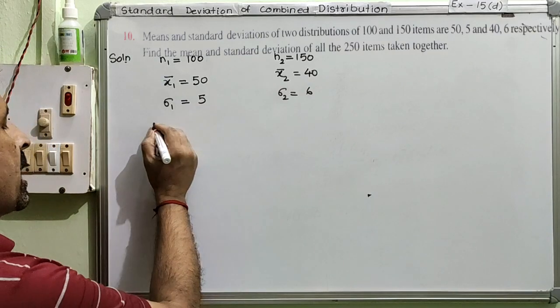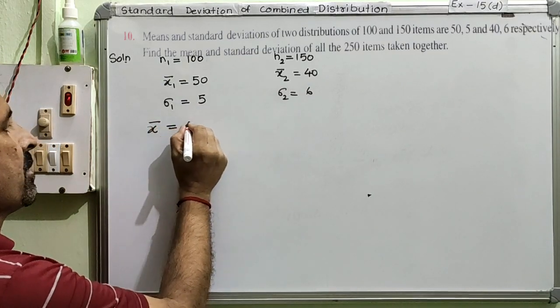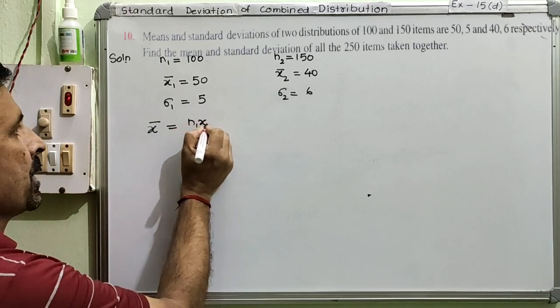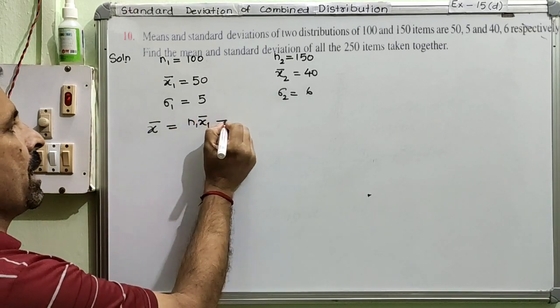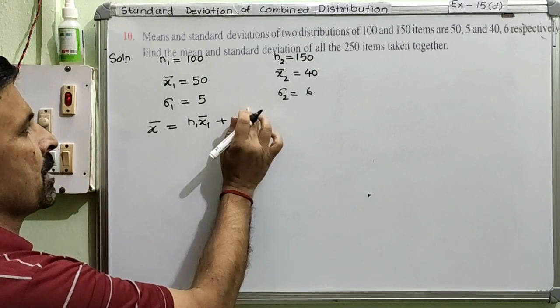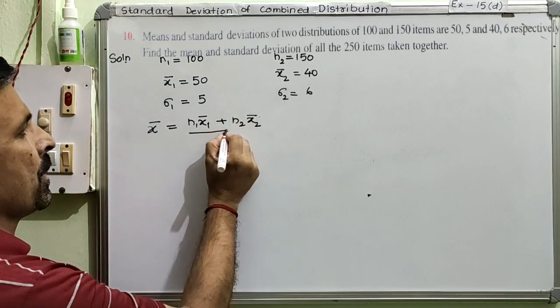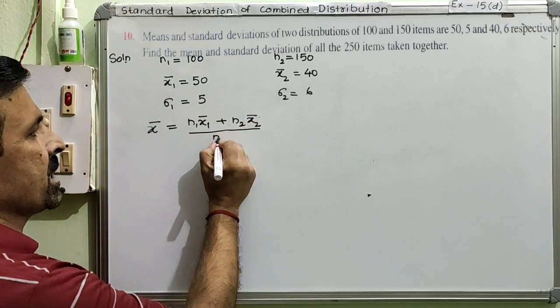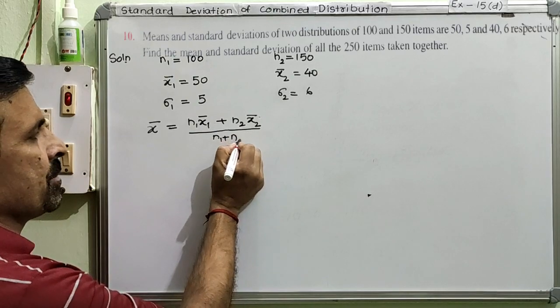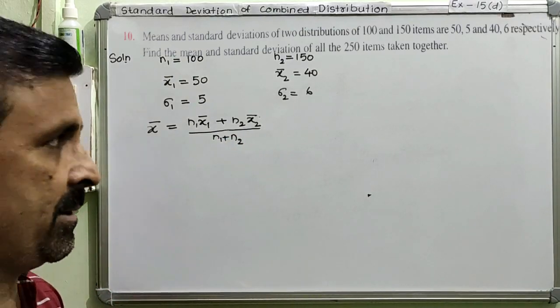Clear? So the combined mean formula is x mean equal to n1 x1 plus n2 x2 divided by n1 plus n2. Please be mindful, here we are asked to calculate both the combined mean and the standard deviation.